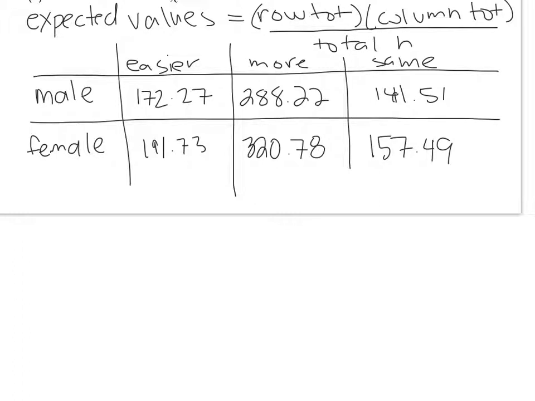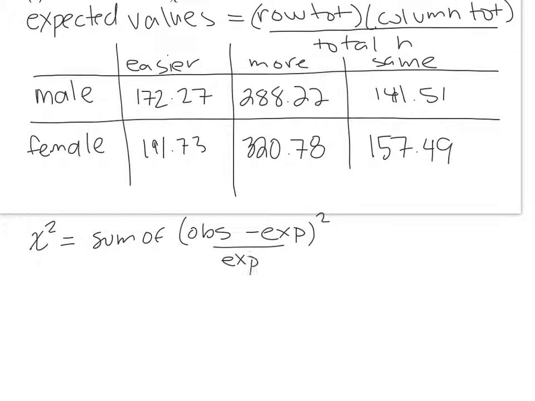Okay, now to find the chi-square statistic, remember you do the sum of observed minus expected squared over expected. And if you want to get partial credit, you're going to have to show me your work.